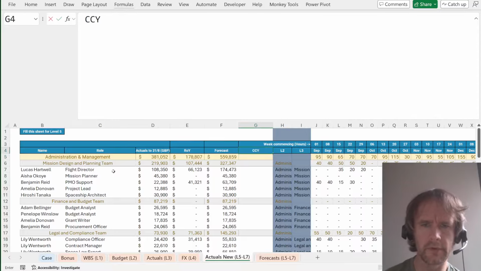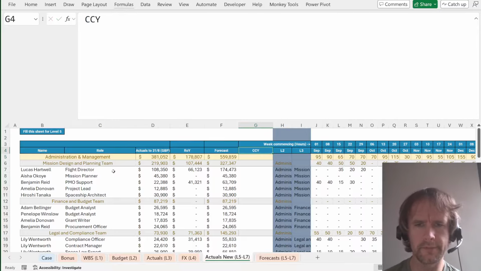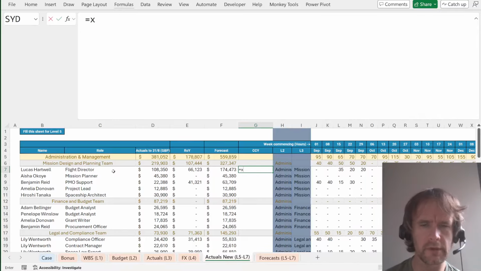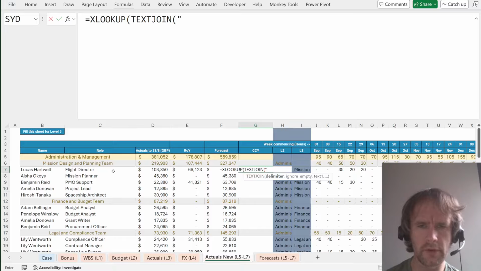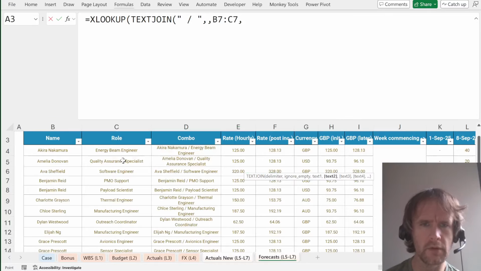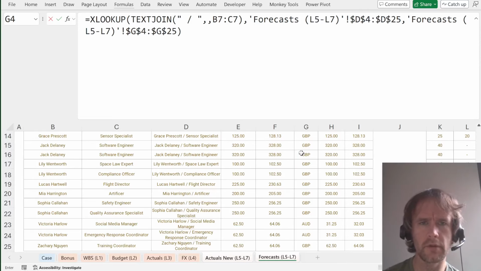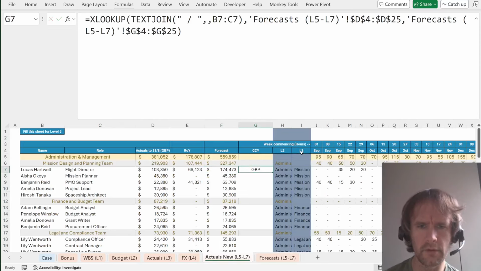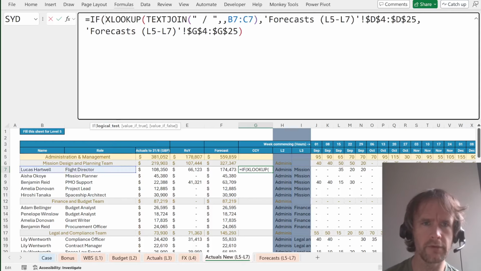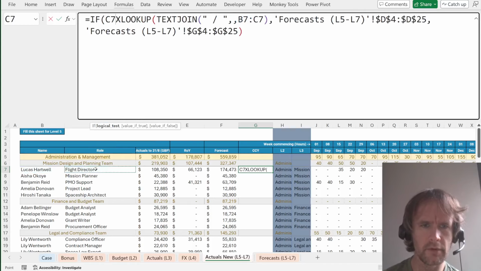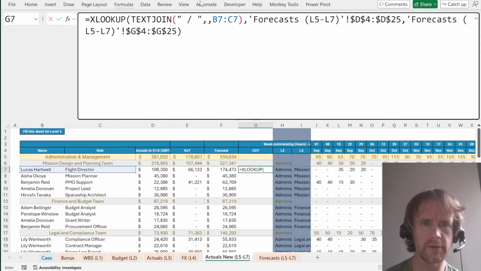So CCY, yeah, just CCY is fine. And we'll XLOOKUP, join in, so close that in here, lock return from here, lock. And let's just say if not found.